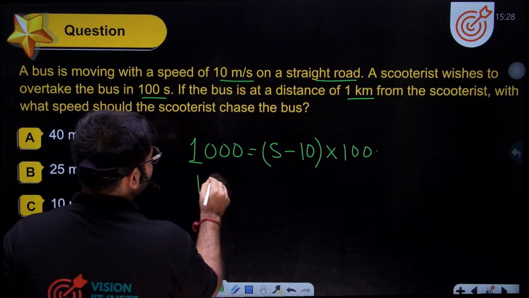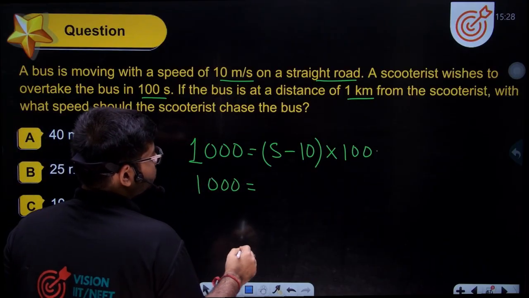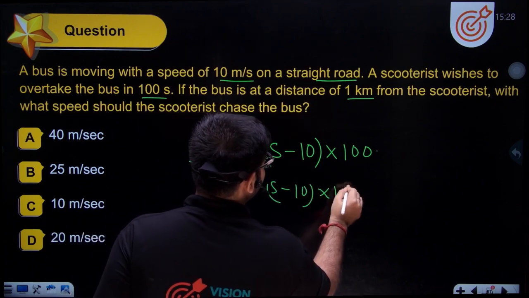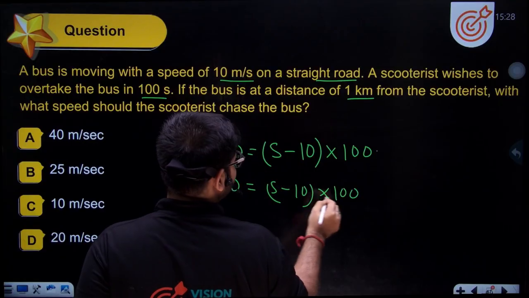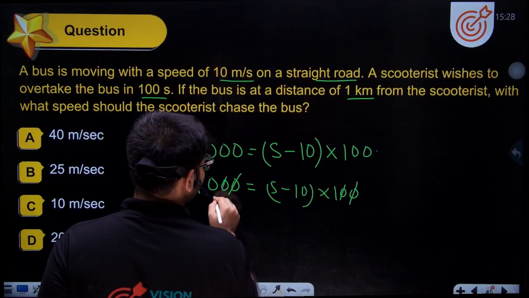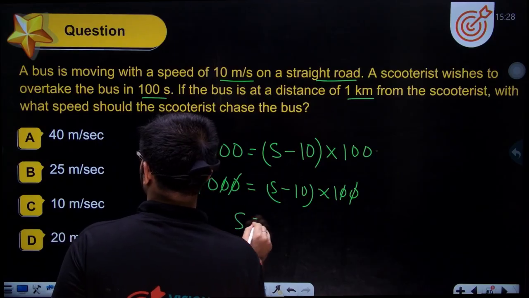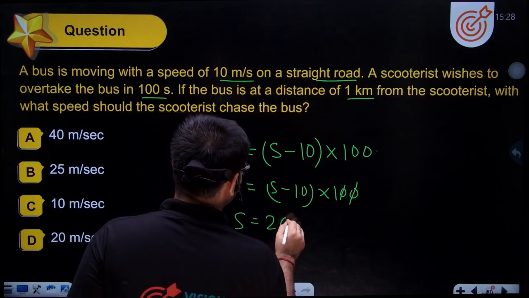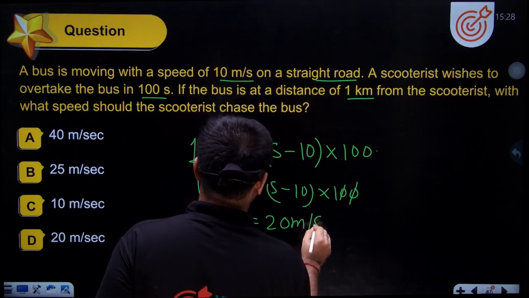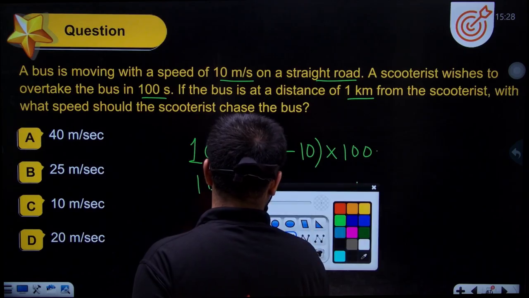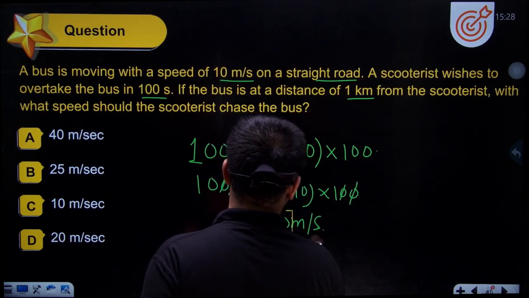So we get 1000 equals S minus 10 into 100. Cancelling two zeros, S is equal to 20 meter per second. This is going to be the speed of the scooterist, 20 meter per second.